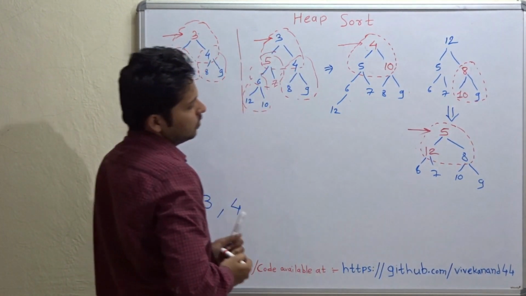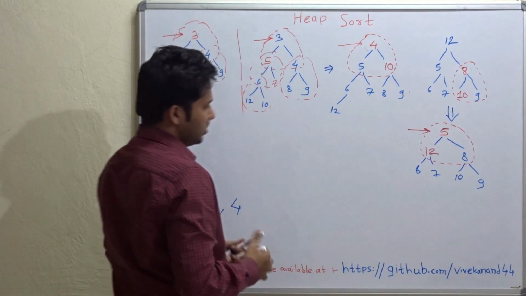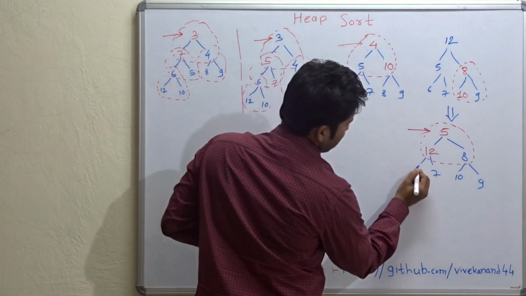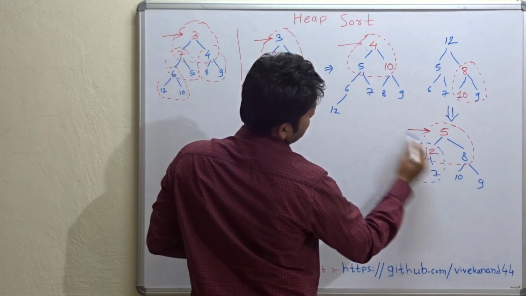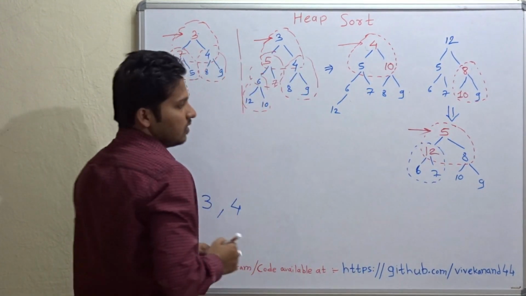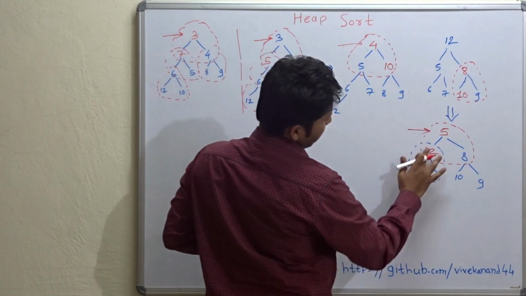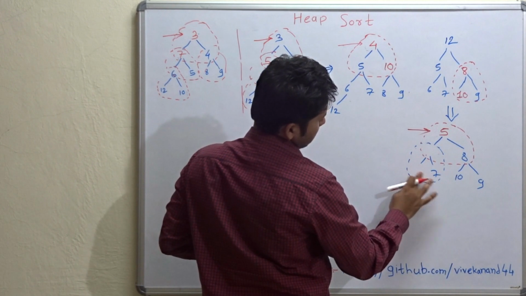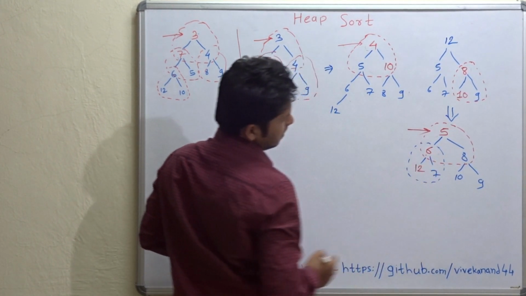So let's check now. 5, 12, yes, this doesn't satisfy the condition. So out of these three, what is minimum? So the minimum is 6. So we have to swap 6 and 12.